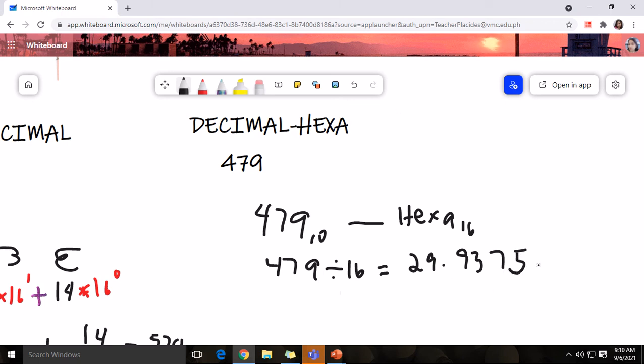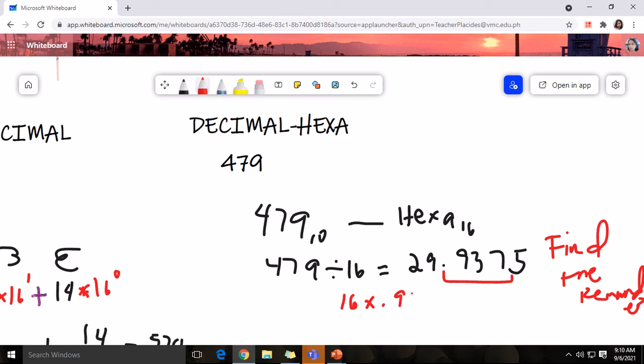Now, find the remainder. How? All you have to do is multiply 16 by the decimal part, 0.9375, which is equal to 15.